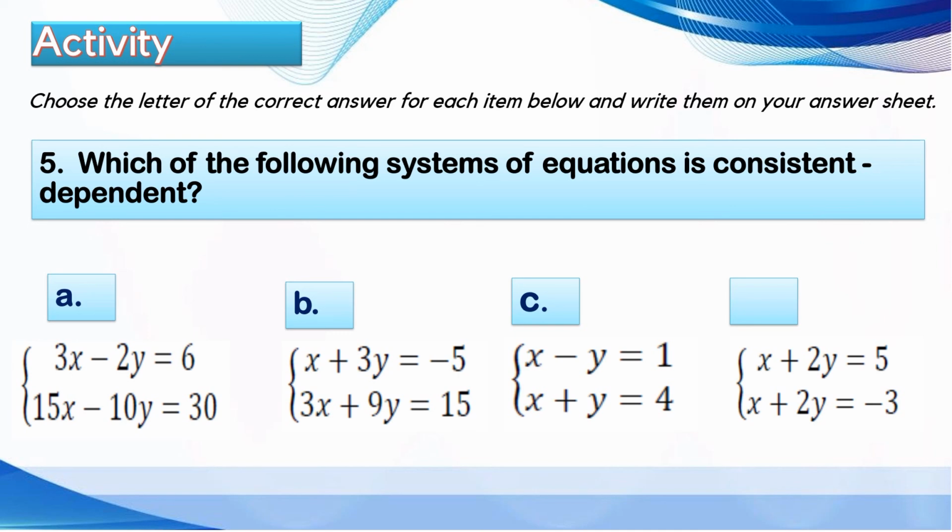Or letter D, the system of equations x plus 2y equals 5 and x plus 2y equals negative 3. So you have 5 seconds to answer the question. Time's up. The correct answer is letter A, the system of equations 3x minus 2y equals 6 and 15x minus 10y equals 30.